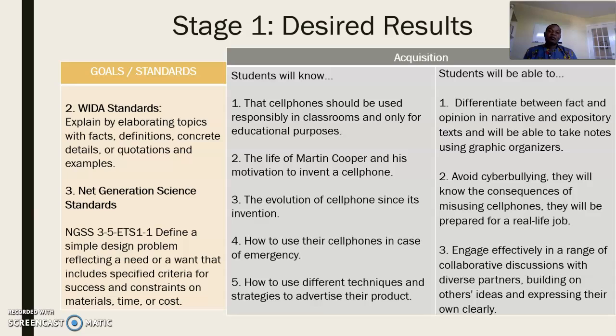They'll be able to avoid cyberbullying, because this is also one of the issues that the administration mentioned. And then they'll be able to engage effectively in collaborative discussions, because at the end, the common assessment will be them using a radio show where we'll have participants who will use their cell phone to call.